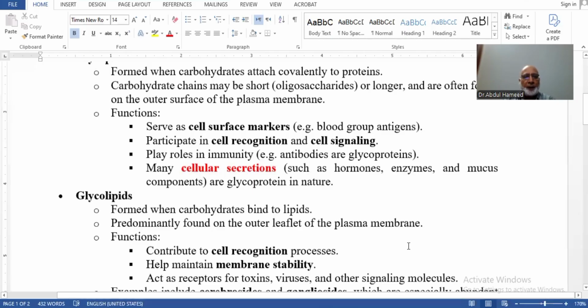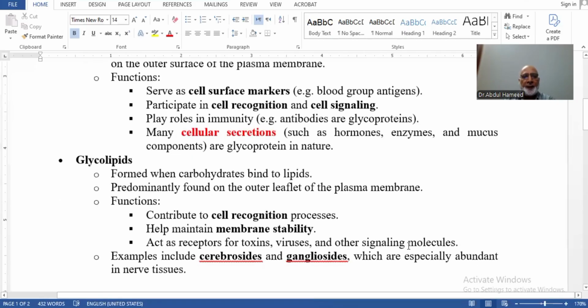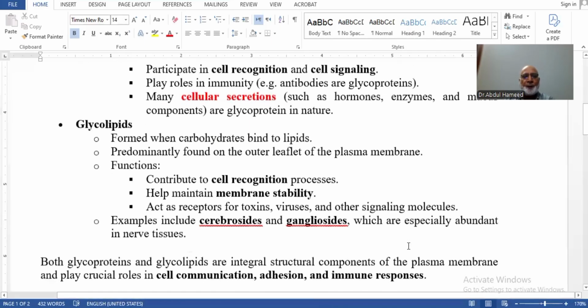Glycolipids form when carbohydrates bind to lipids. They are predominantly found on the outer leaflet, meaning the outer side, of the plasma membrane. Their function is to contribute to cell recognition processes, help maintain membrane stability, and act as receptors for toxins, viruses, and other signaling molecules.